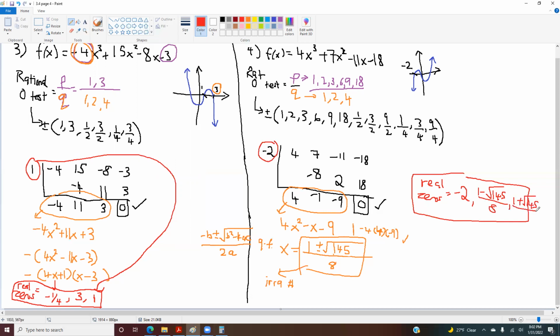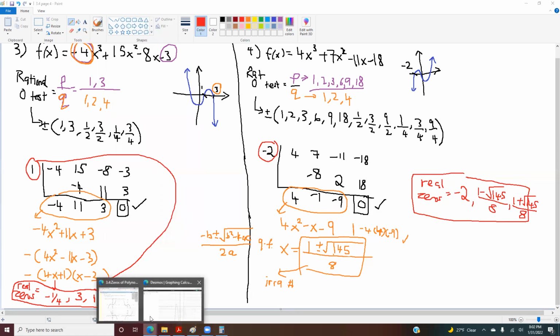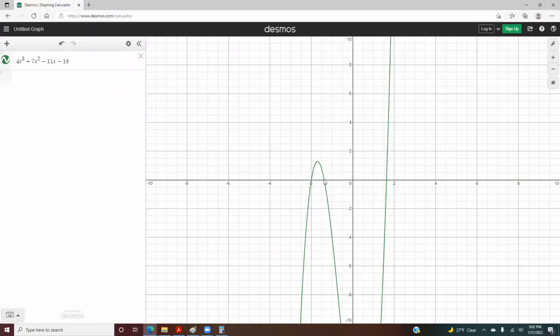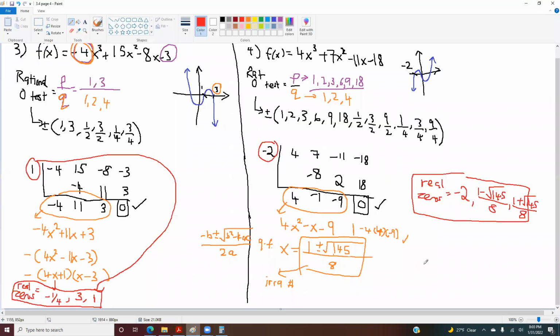So this is your answer for question 4. If you look at your graph, this zero is 1 minus root 145 over 8, and this one is 1 plus root 145 over 8. These are the real zeros, so every single one of these is a real zero.